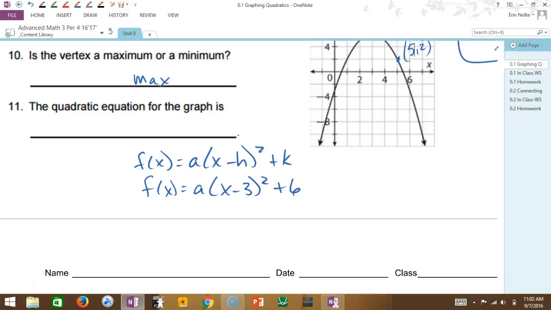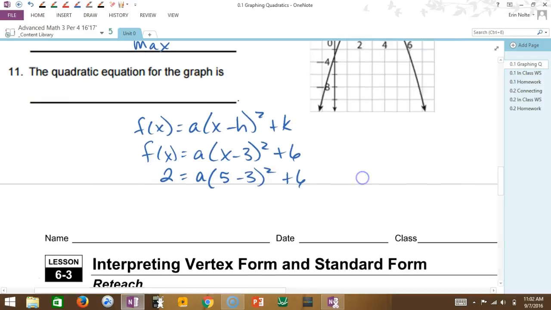So my f of x is 2. The a value we're still determining. The x value from the point is 5. So 5 minus 3, the rest of this I'm just copying down. Awesome, I have an equation, I can solve this. What do I do first?